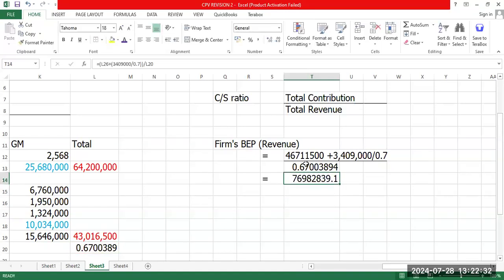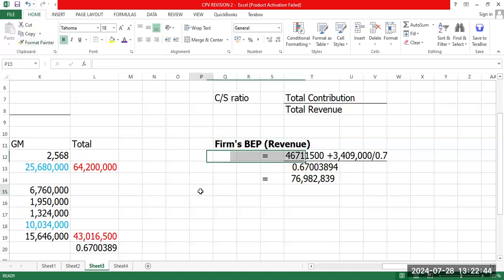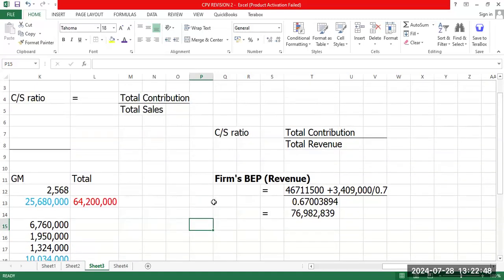I don't know whether you have this figure on your calculator. Yes? That's what you have? Yes. Perfect. So that is our farm's break-even point in the revenue.